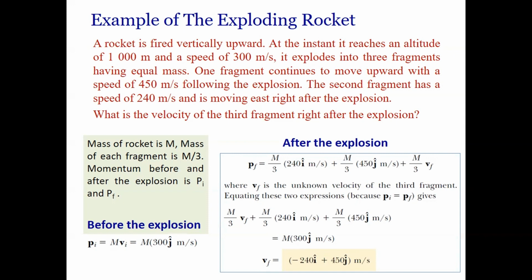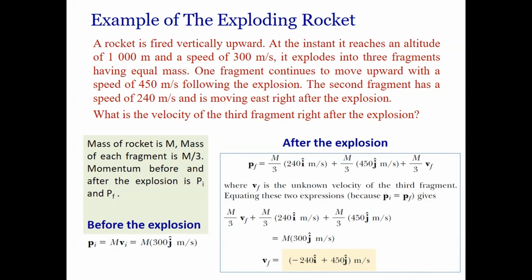If we simplify, then we find out that the final velocity vector for the third fragment comes to be minus 240 times i unit vector plus 450 times j unit vector in meters per second.